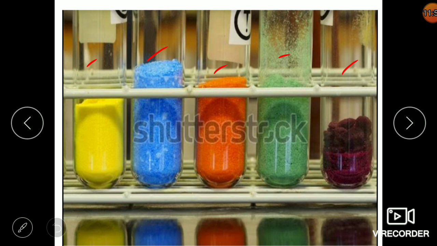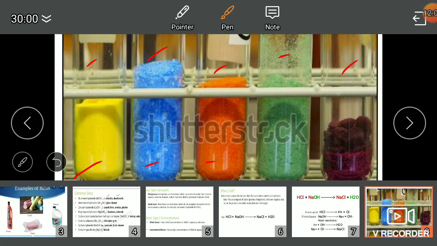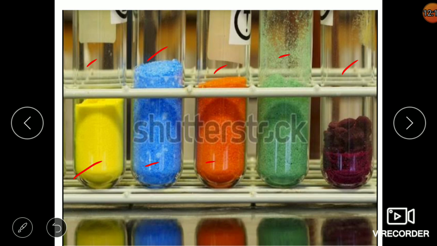Now here you see in test tubes different salts are kept. Okay, let's introduce the different salts. This yellow salt is sodium chromate. Next, this blue color salt is very common, you know, this is copper sulfate. The orange one is potassium dichromate.